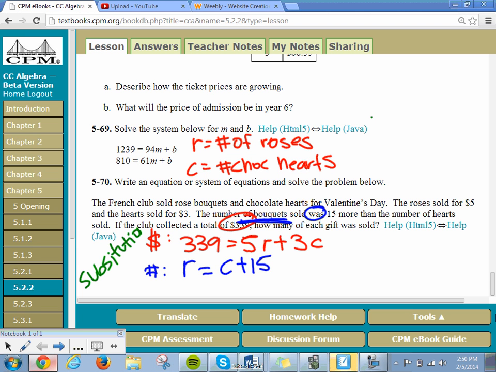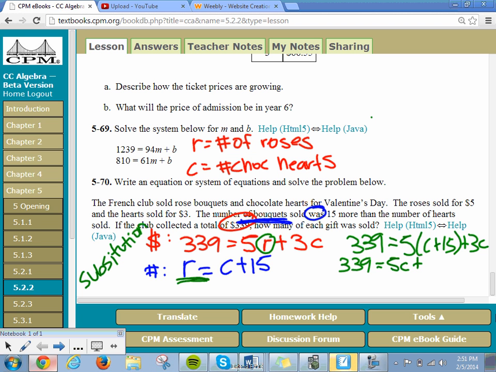So we've created a system of equations that we can solve. Our method is going to be substitution, because we've already got one of them solved for a variable. We've got R is equal to. So I'm going to plug that into my original equation. So 339 is now equal to 5 times C plus 15 plus 3C.